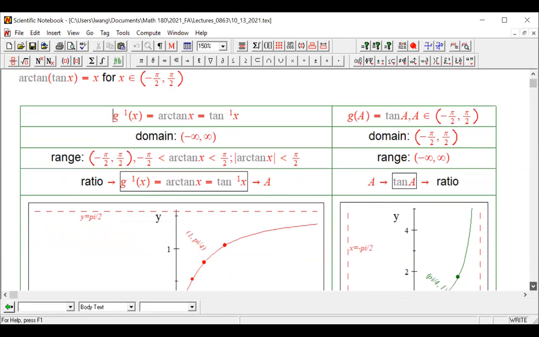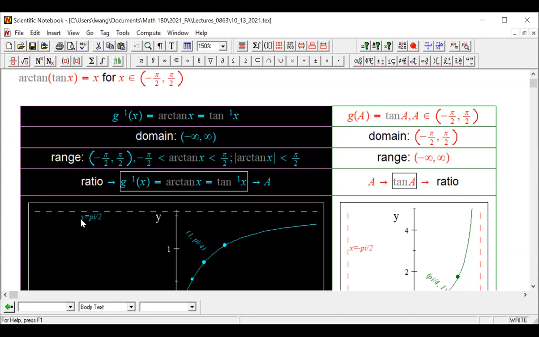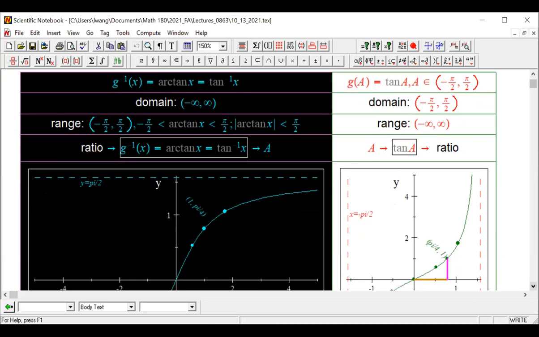In general, when we talk about tangent, which tangent do we refer to?